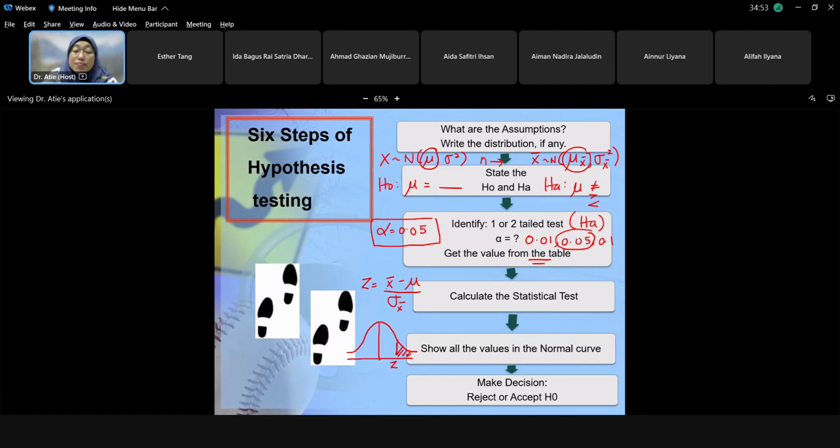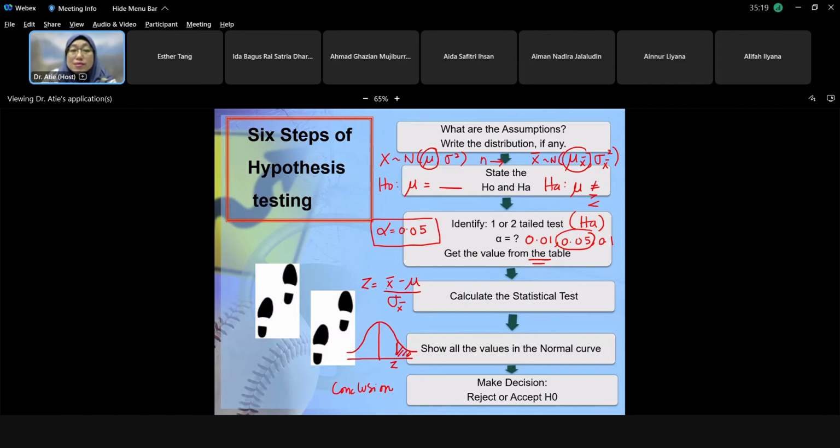Based on this, you will learn how to make a decision, whether to reject or accept H naught. And then you need to make a conclusion based on your decision just now. So basically these are the steps that you need to do if we need to calculate manually.